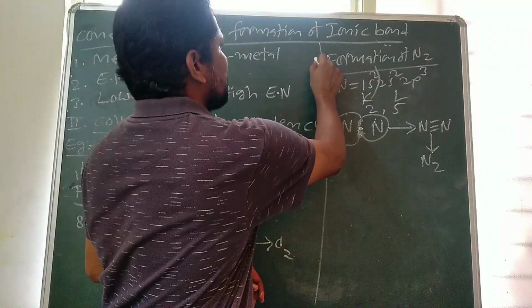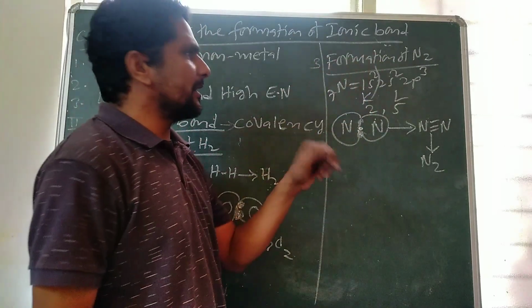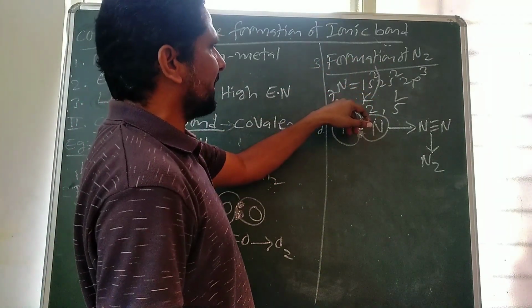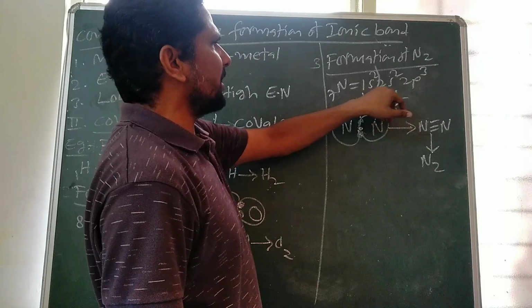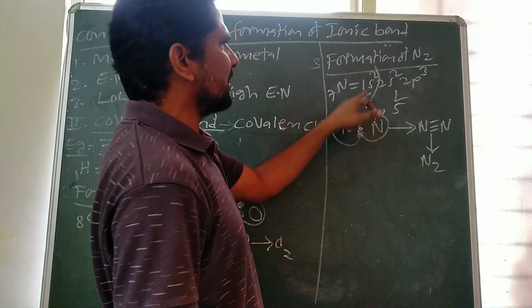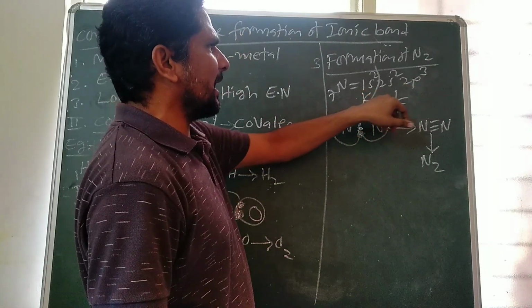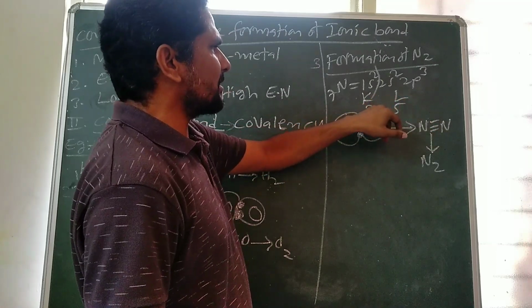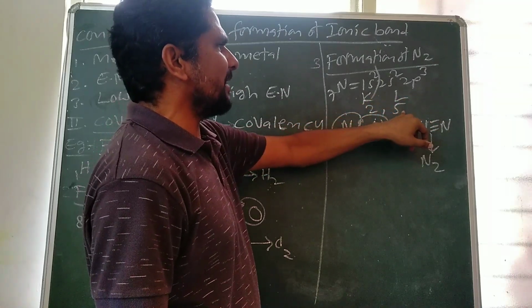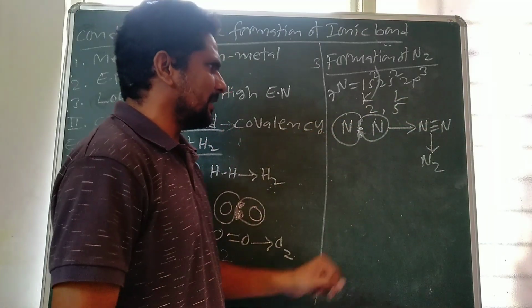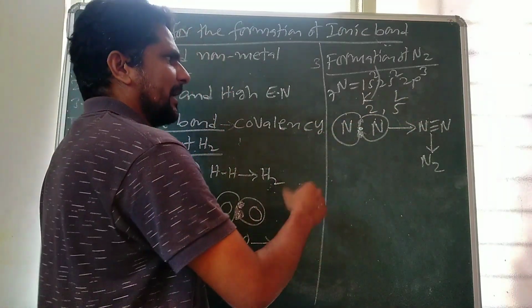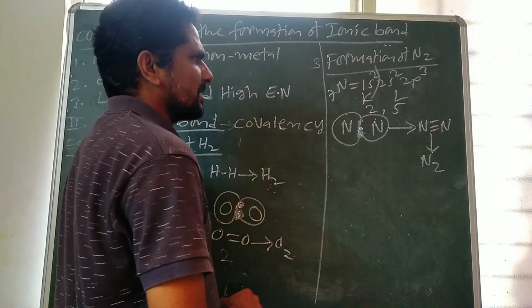Next, formation of the nitrogen molecule. Nitrogen has atomic number 7, electronic configuration 1s2, 2s2, 2p3. These are divided into shells K and L. 2 electrons are present in the K shell, 5 electrons in the L shell. So nitrogen gets stability by gaining 3 electrons.